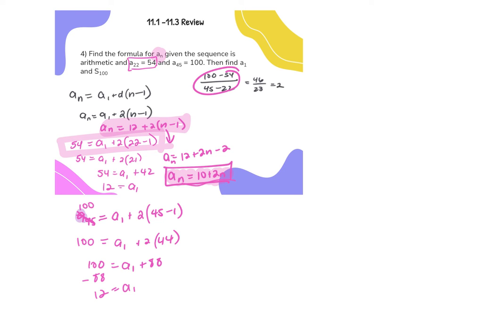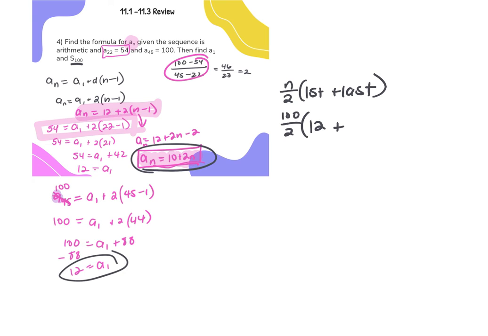Sure. And then from there, so we got a1, and then it wants the sum, so S100 means the sum of the first 100 terms of this sequence. So it'd be n over 2 times first plus last. n is 100 over 2. The first one is the a1, which is 12. The last, this time, we have to find a100.